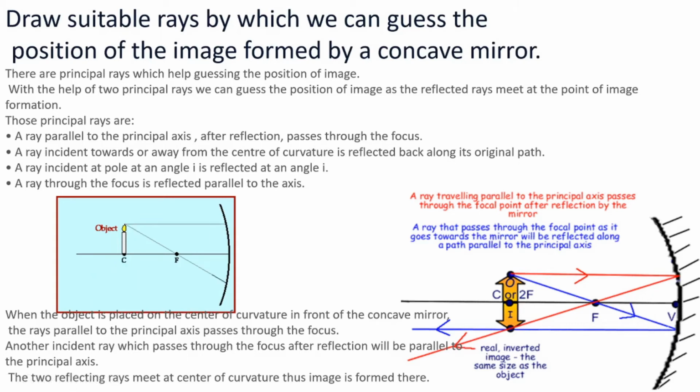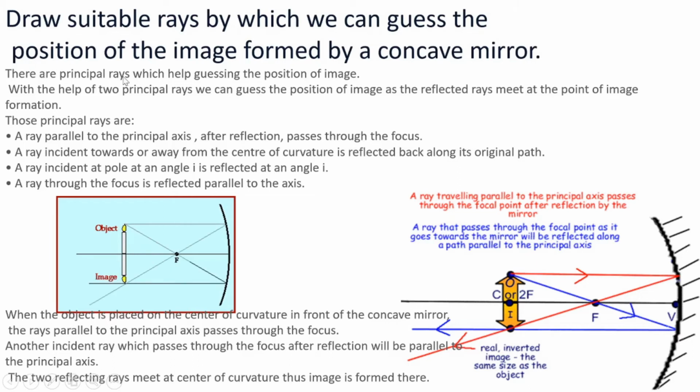That's why we are incident light from here. First we placed an object between F and P, then between F and C, and now we are placing it on C, the center of curvature. Let's see how the image is formed.